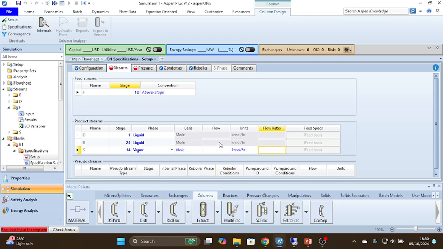Let the side product flow rate be 50 kilomole per hour. Let us give it as an initial guess.